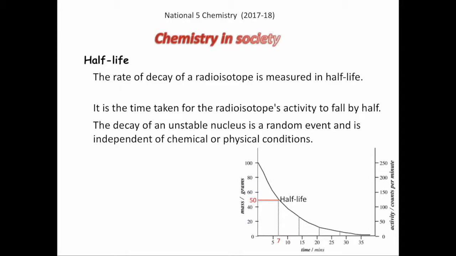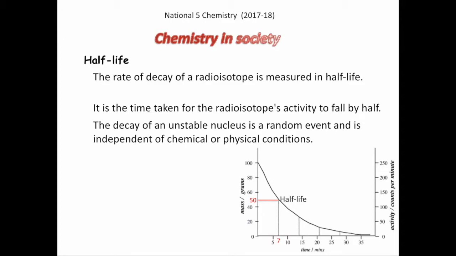So half life is the term which is used to denote the time taken for the radioisotope's activity to fall to half. This is generally measured in counts per minute, and it could also be measured in time taken for a given amount of radioisotope to reduce to half.